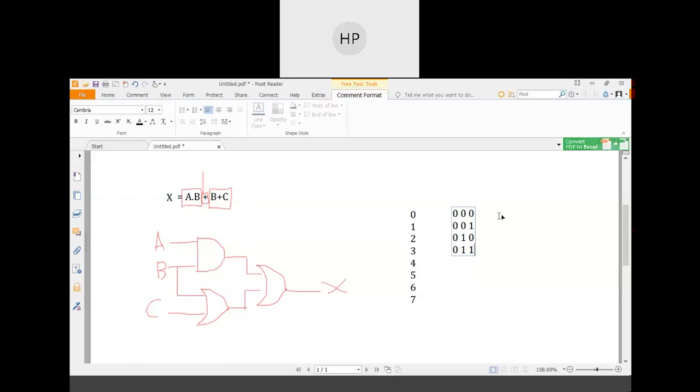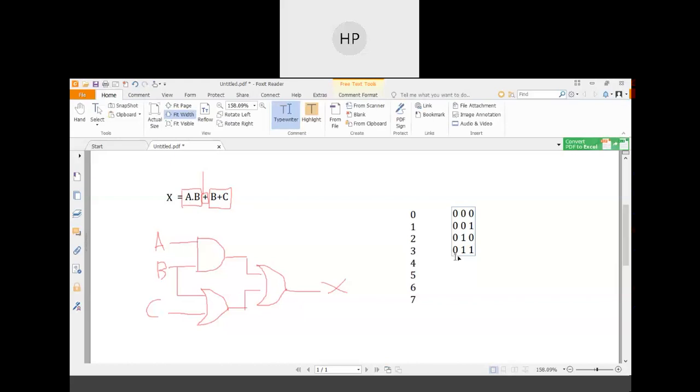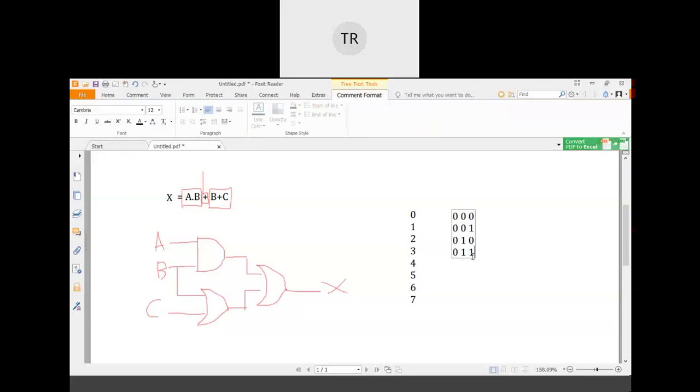Shall I complete the table and show you? 0 to 7: 000, 001, 010, 011, 100, 101, 110, 111.